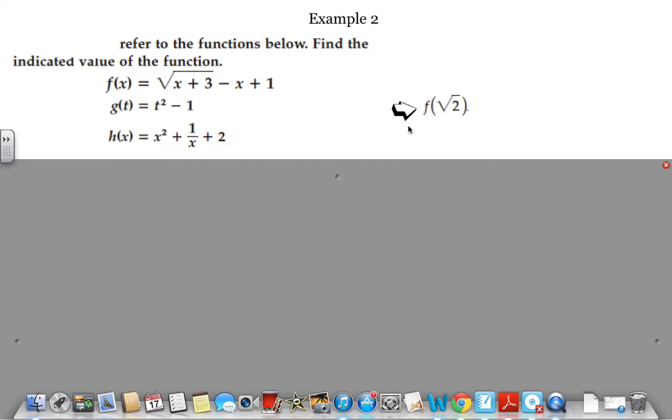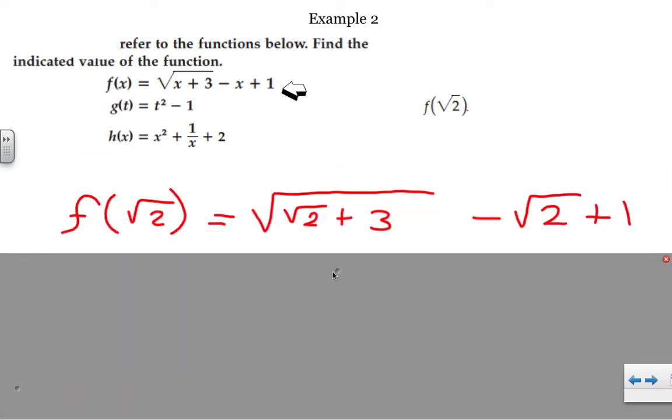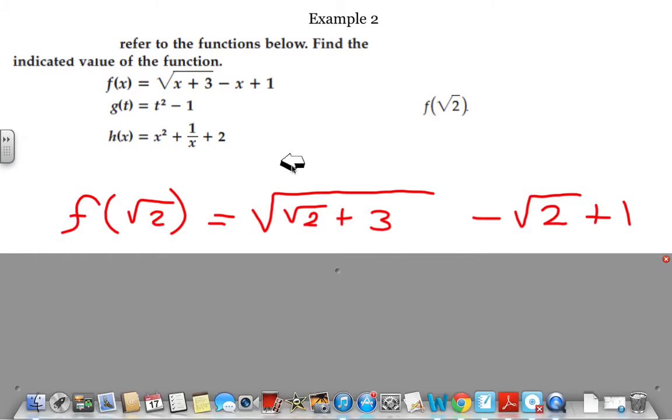So I have to put the square root of 2 into the function for f of x to solve it. So if it says f of x, that means that anywhere I see an x, I'm going to replace it with the square root of 2. So f of the square root of 2 equals the square root of the square root of 2.